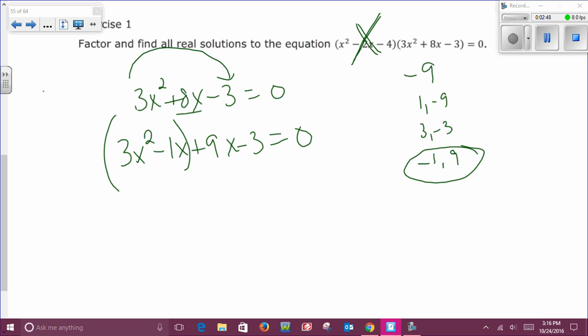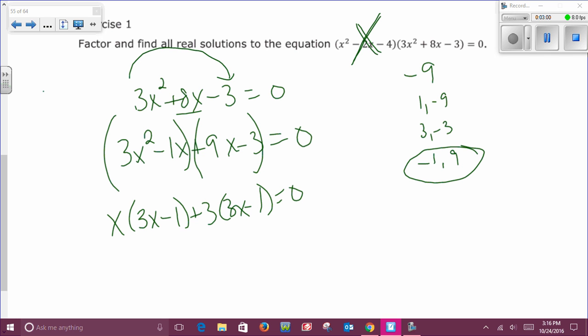I'm going to group and group. They have an x in common, so I have 3x minus 1. Here they have a 3 in common, so we have a 3x minus 1. So now that my parentheses are the same, I have 3x minus 1, and what's left over is x plus 3.